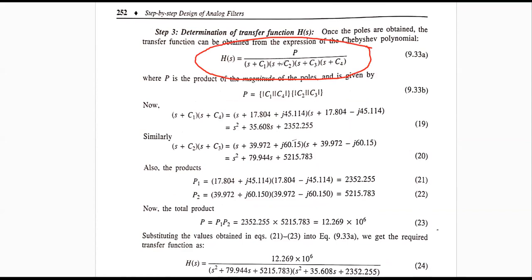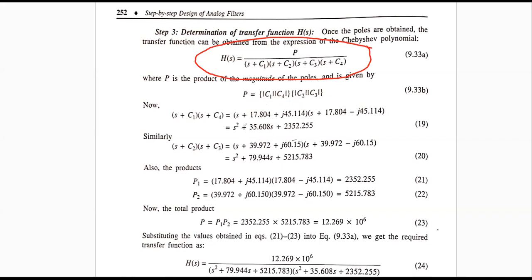We already found C1, C2, C3, C4. What is P? Nothing very special. The modulus value of C1 multiplied with C4. And you see that there is a curly bracket. Afterwards, we have the modulus value of C2 multiplied with C3, and then we multiply these two.